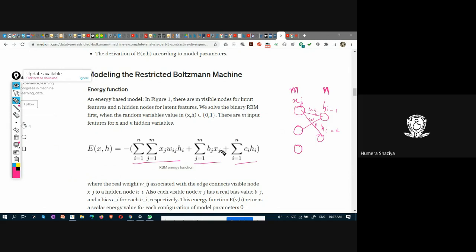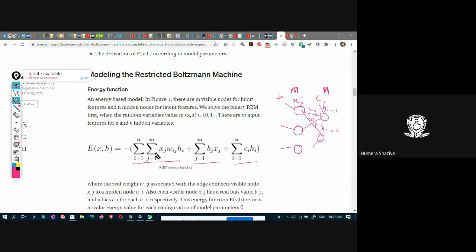Every x is multiplied with b, and take the sum of all. Every h is multiplied with c. So x and b multiply and take the sum. c and h multiply and take the sum.